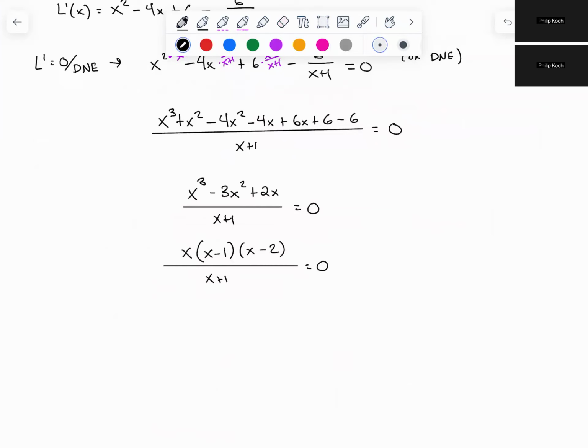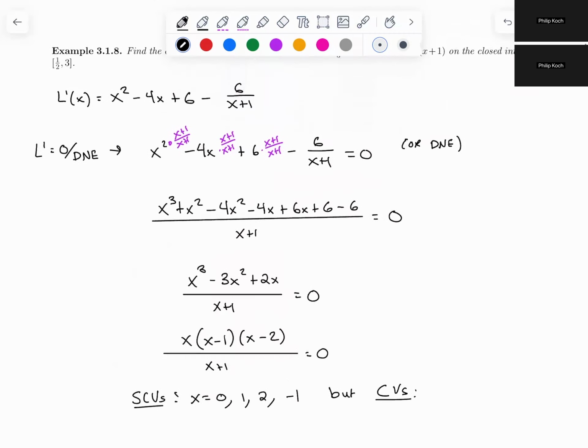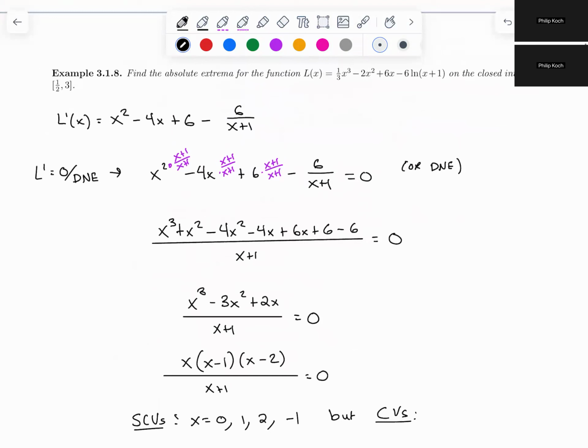Anyways, so our semi-critical values are x equals 0, 1, 2, and -1. But the CVs, the critical values, are only places where the function exists. Does L of x exist at 0? Yeah. Natural log of 0 plus 1 is natural log of 1, and natural log of 1 exists.